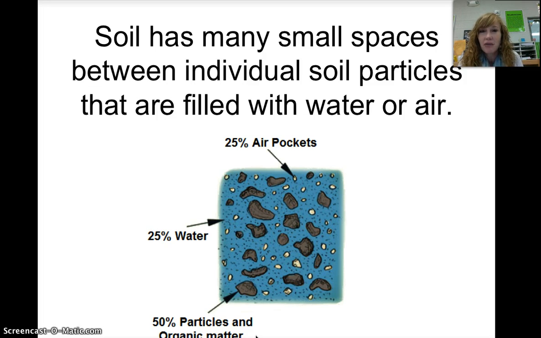If you've ever come upon clay soil, then it doesn't have as much water or air in it, especially not as much air. It's got a lot of closed-in space and not a lot of air pockets. So you see, you have 50% of soil is particles and the organic matter, and then 25% the air and 25% the water, which is the same thing as that pie graph, just looking at it differently now.